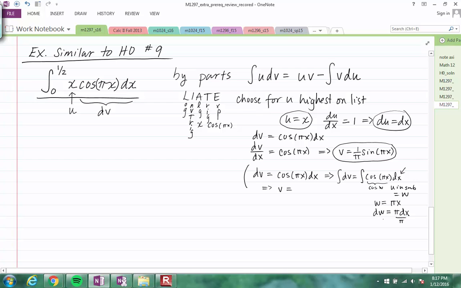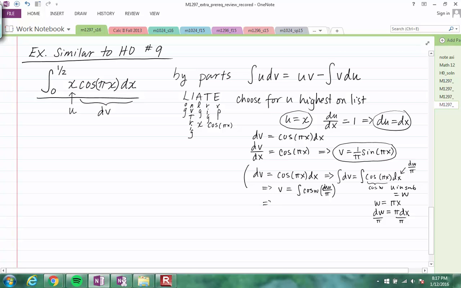So this is a way to correct for that. And so my dx is equal to dw over pi. So putting that together, my v is going to be the integral of cosine w times dw over pi.